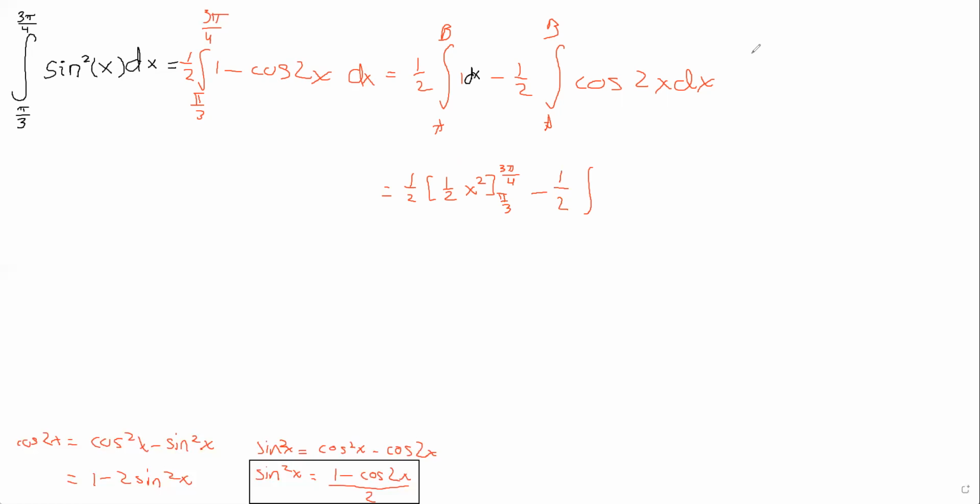So where did that 1/2 x squared come from? Which one? Where did this right here come from? When you integrate, I'm pretty sure you add, so we had 1, and then I'm pretty sure that just comes from x.